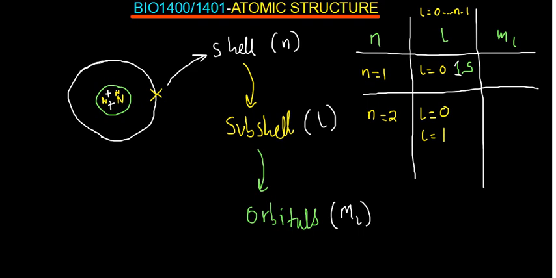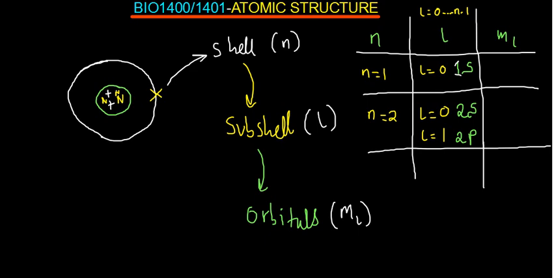Every time L is 0, we call this the s orbital. Because this is coming from the second energy level, this is called the 2s orbital. When L is equal to 1, this is called the p orbital. Because this is coming from the second energy level, this is going to be called the 2p orbital. So these are the orbitals in the second energy level.